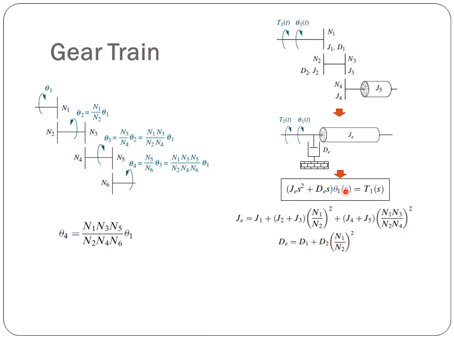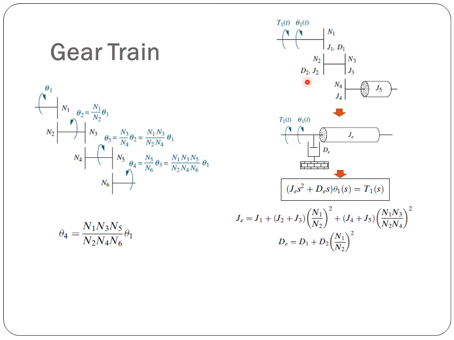But before that, we need to find the value of JE. So JE is this one. Let me explain. JE is the equivalent inertia in this part, and we can see that there is a J1 which is directly connected to theta 1. So we do not need to transfer this J1 because J1 is already associated with theta 1.